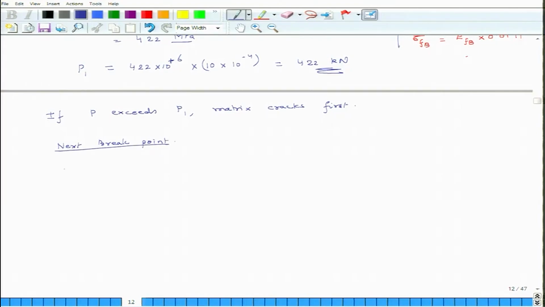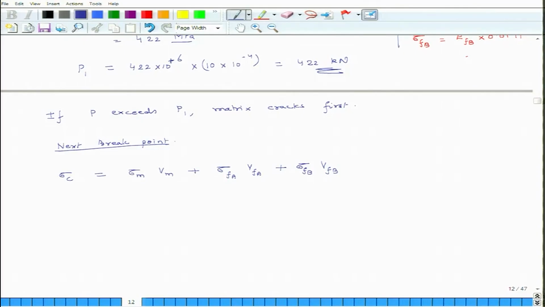So, at the next break point, stress in composite will be stress in matrix times volume fraction of matrix, this is the general relation, plus stress in fiber A times volume fraction of fiber A plus stress in fiber B times volume fraction of fiber B.